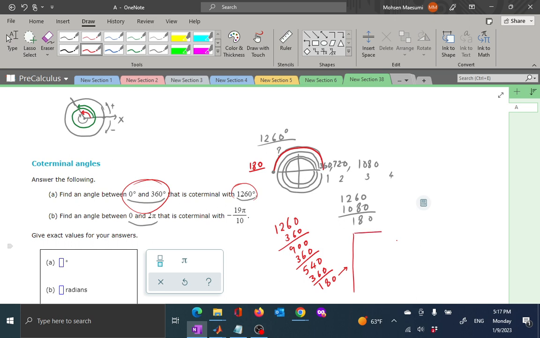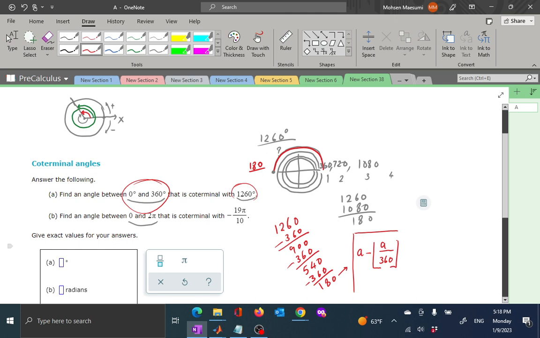If you want to have a formula, not recommending a formula, but just in case you want to have one, suppose you are given an angle A, you have to keep subtracting. How many times do you subtract? Take your angle, divide by 360, and just keep the whole part. Whole part meaning throwing away the fractional part. Sometimes they write it like this. They call it the floor function.